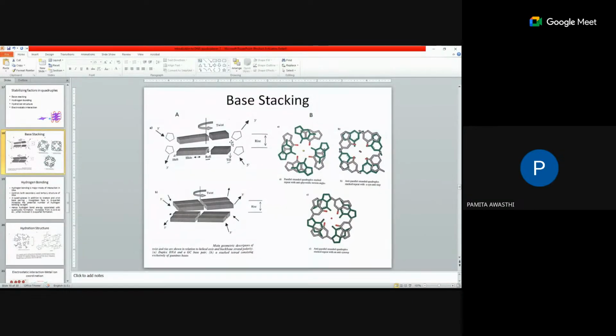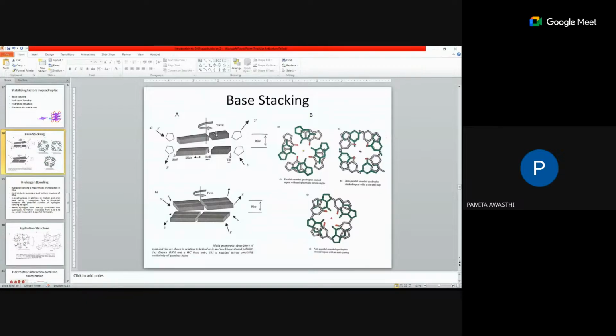But as you see, these base pairs cannot sit directly on each other due to steric interaction, because a very intense electron cloud is there, so they are twisted around the helical axis. This is the helical axis, meaning the axis which passes through the center of the molecule. The distance between each pair is defined as the rise, while rotation about this axis is called the twist.